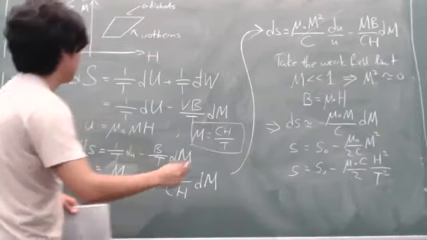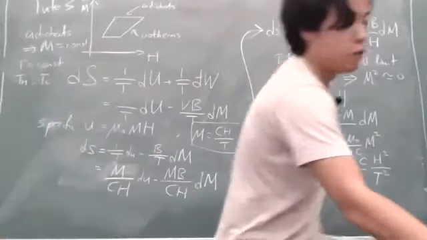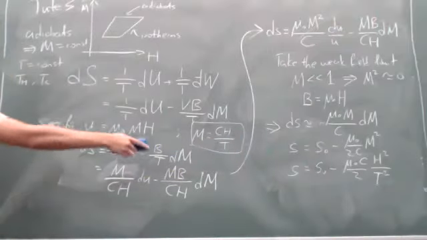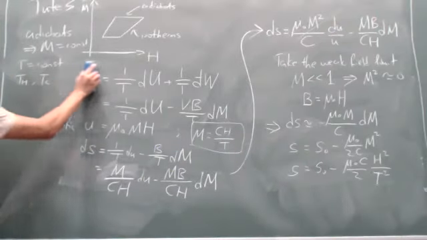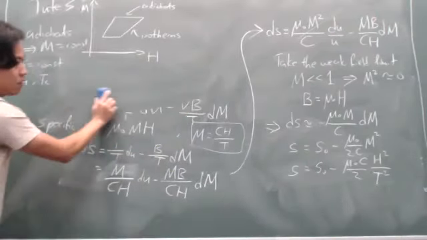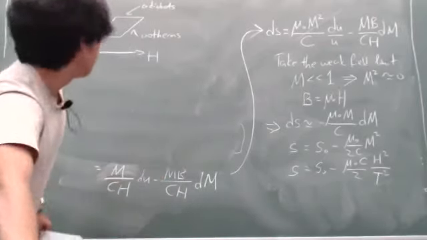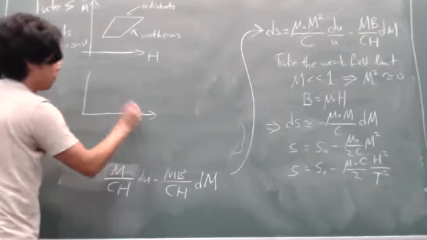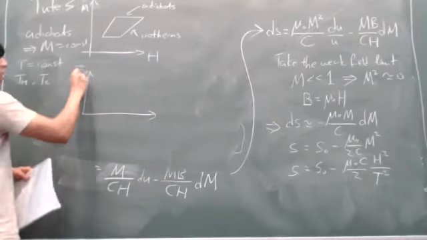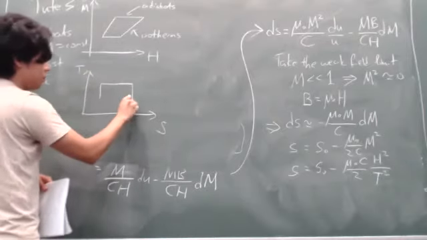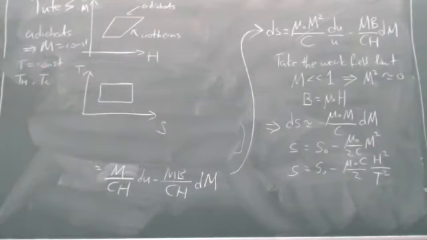And for the TS diagram, it's incredibly boring. It's also a rectangle. It's got nothing to do with this because by definition, adiabats and isotherms just look like flat, straight lines in a TS diagram. So it looks still exactly like that.